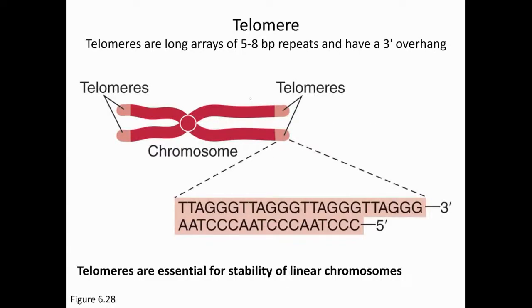Dr. Shen, I have a question. Is this similar to what we covered in the prokaryotic cell? No, the telomere is only in eukaryotic cells. That's what we covered in chapter 2. It's only in eukaryotic organisms, and it is to expand the lifespan of the organism, correct? Yeah, correct. Because during replication the strand would become shorter and shorter, and I think it was associated with a shorter lifespan.